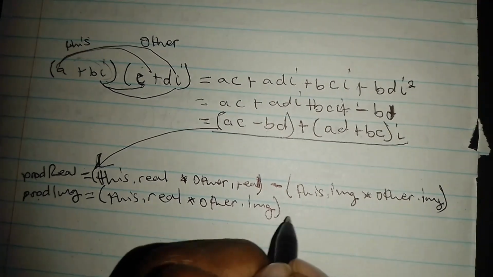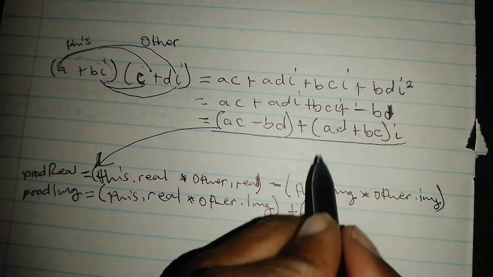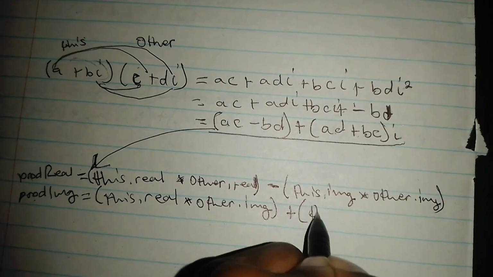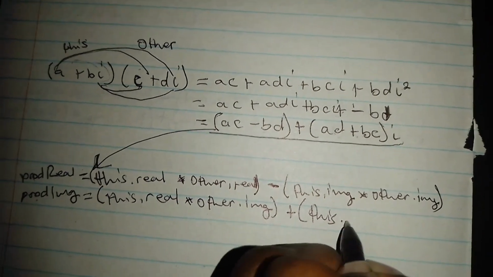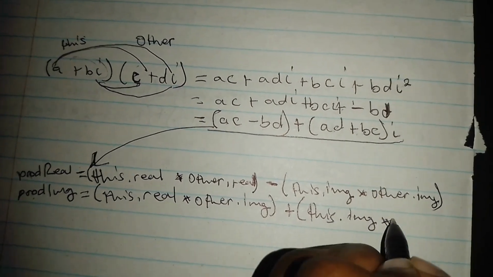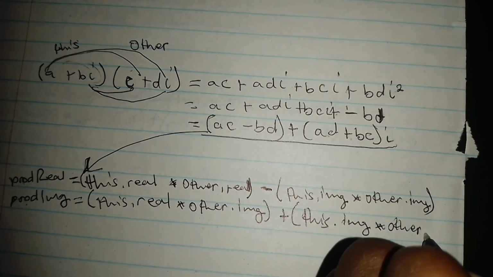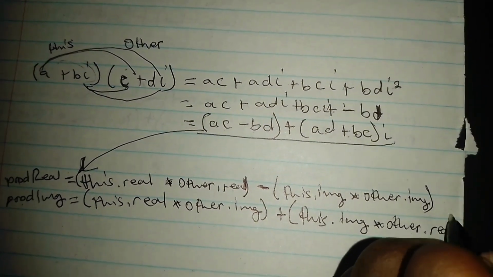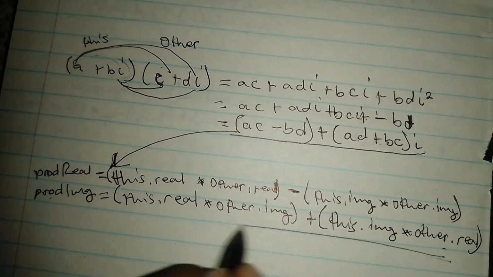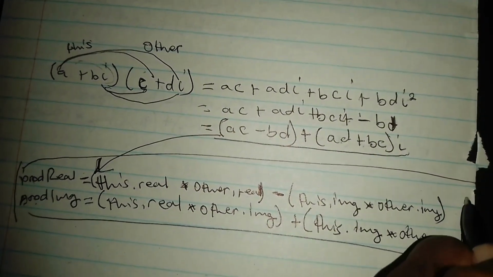Remember there is a plus here, and then BC: B is this dot imaginary times C, which is other dot real. So these are the formulas that we're going to use in the code.